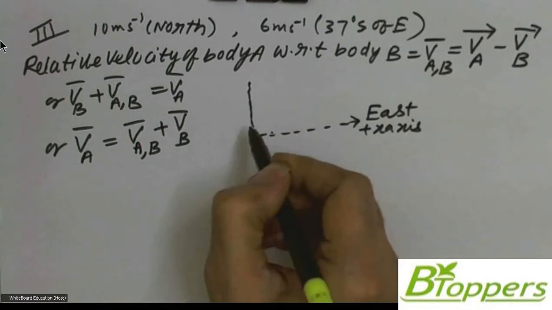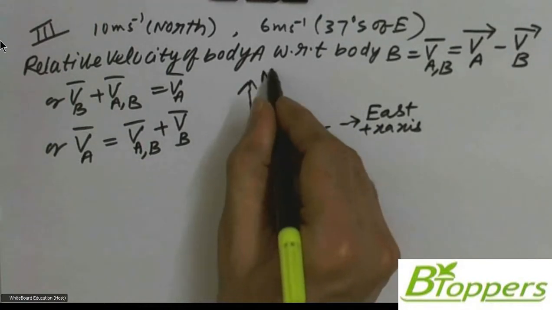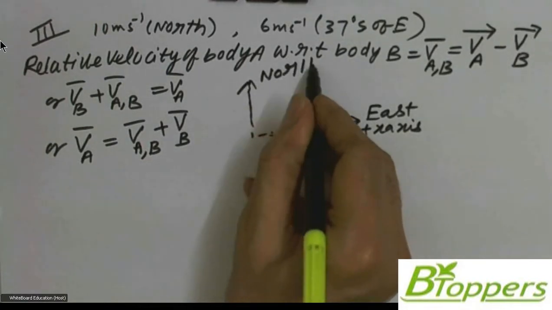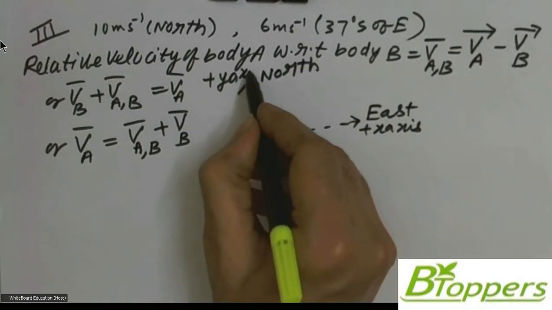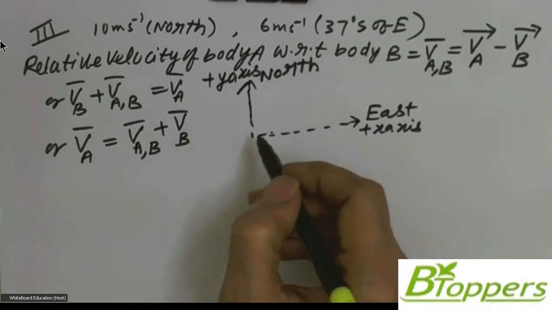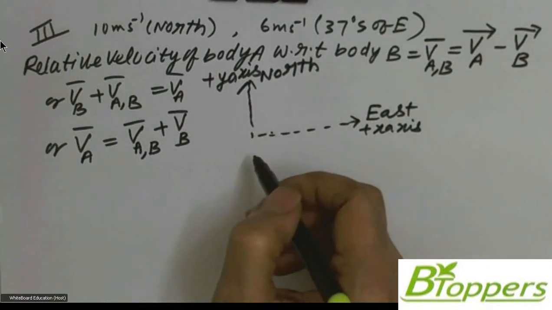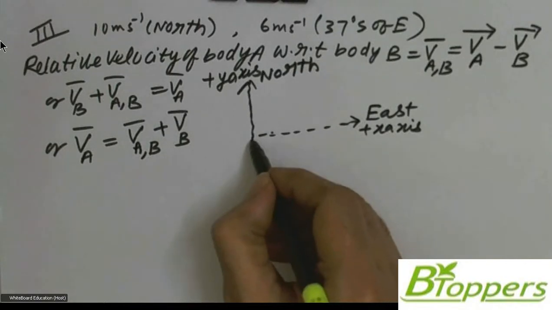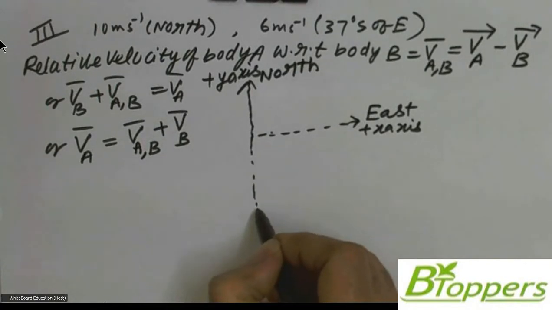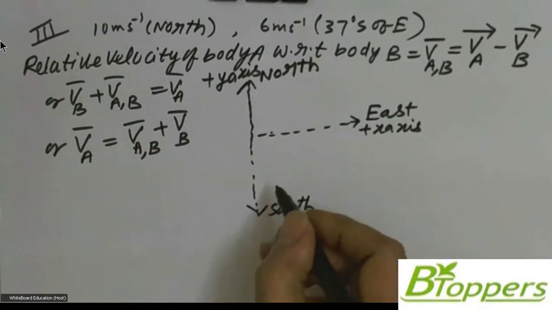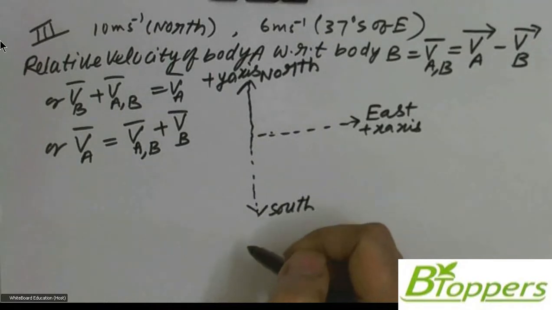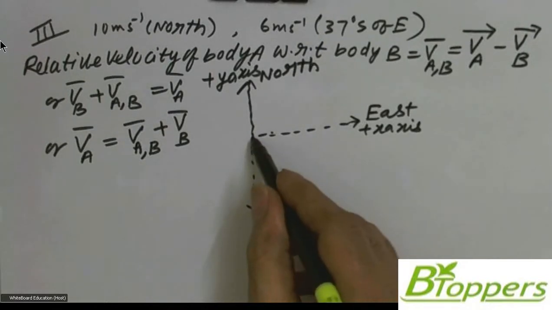And the vertical direction towards north as the positive direction of y-axis. That means the direction towards south will be the negative direction of y-axis.